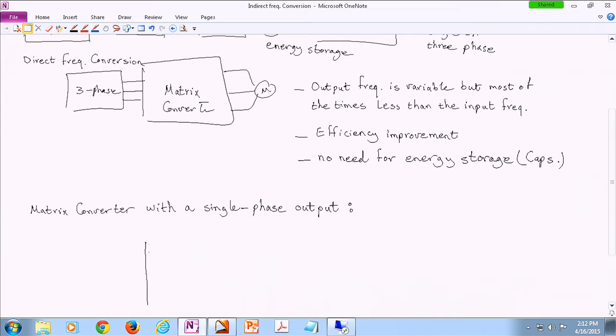So lines A and B and C. And then I have two lines on the output because it's a single phase thing.